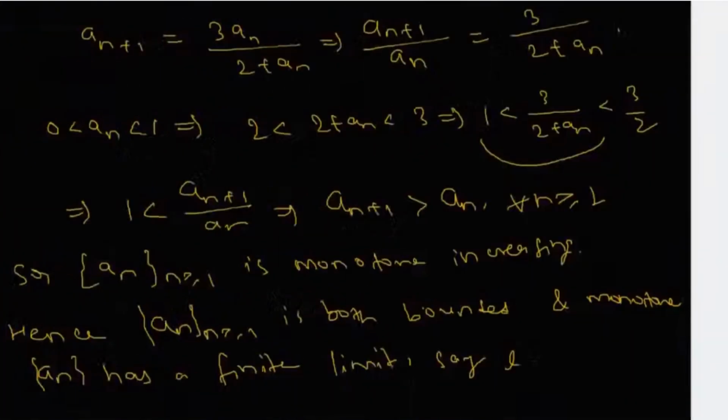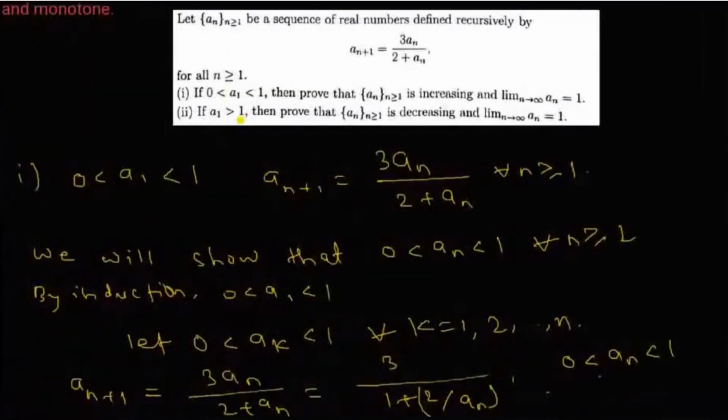Now in the second condition, we have been given a_1 is greater than 1, and we need to show that a_n is decreasing and the limit as n tends to infinity is equal to 1. The process is very similar to the one we did now. I'm giving you a hint here.